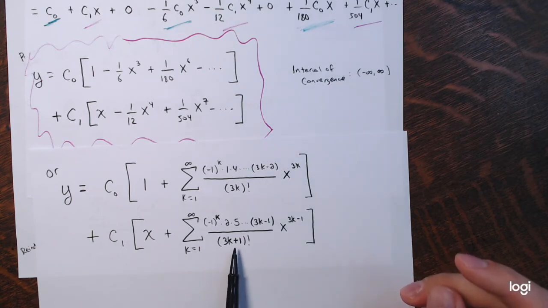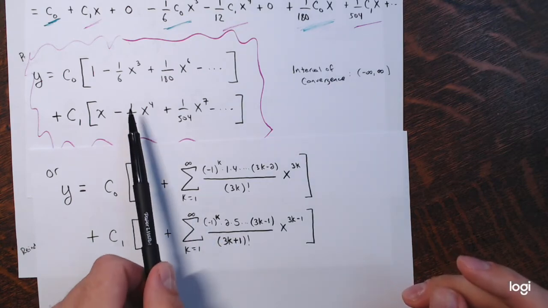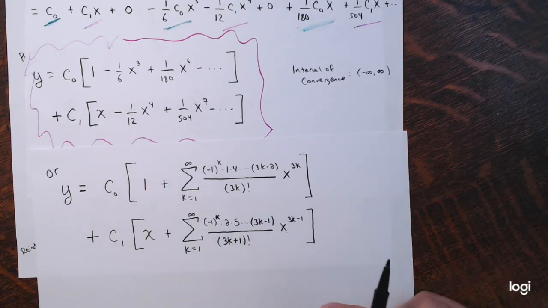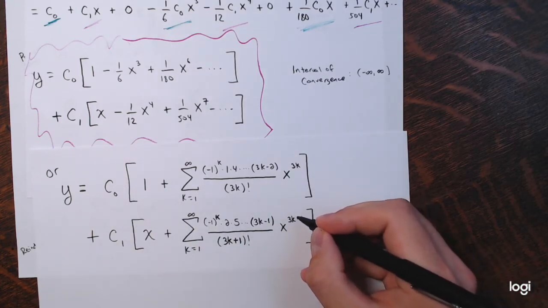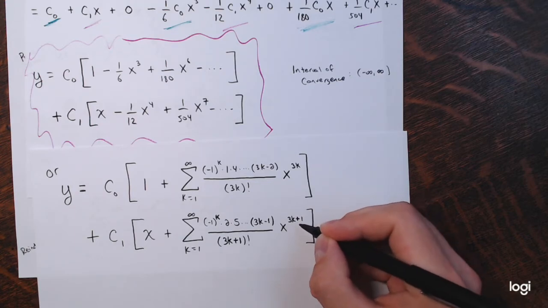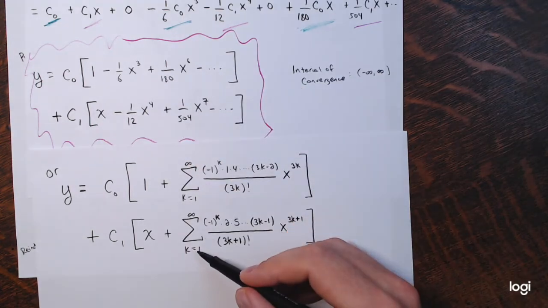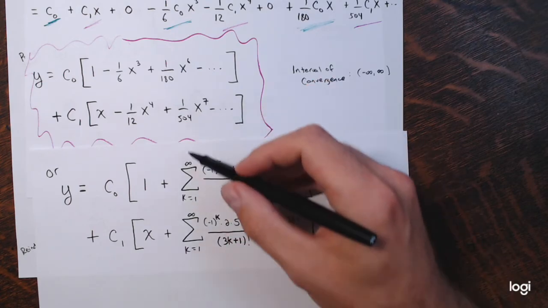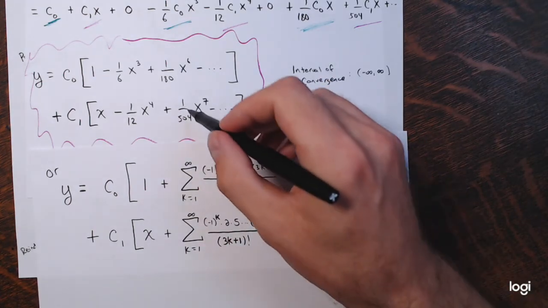All right, and then divided by 4 factorial, 2 over 24 is 1/12. So this is negative 1/12, and then x to the 3k plus 1 power. Right, it's a multiple of 3 plus 1. That'd be x to the 4th power. And then when k equals 2, you have x to the 7th, and this would end up being positive 1 over 504, when k equals 3, and so on.